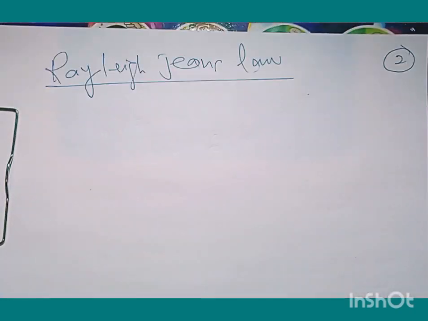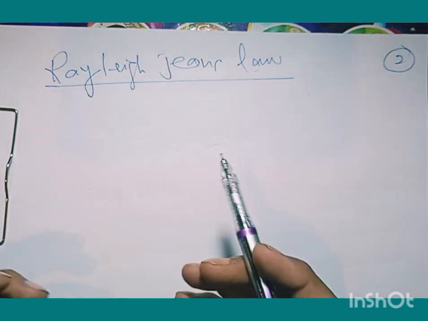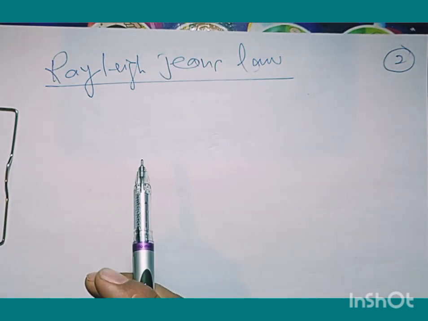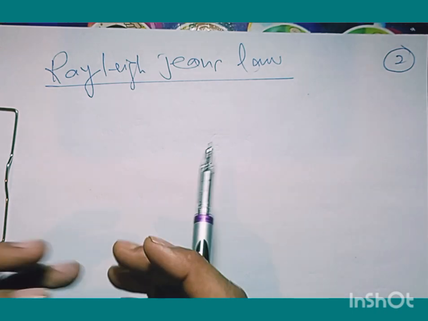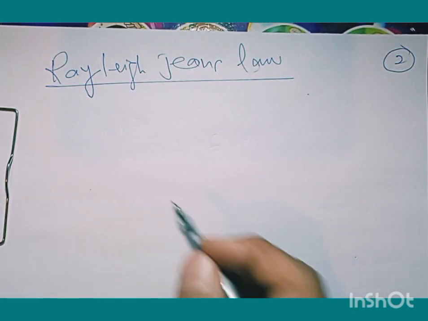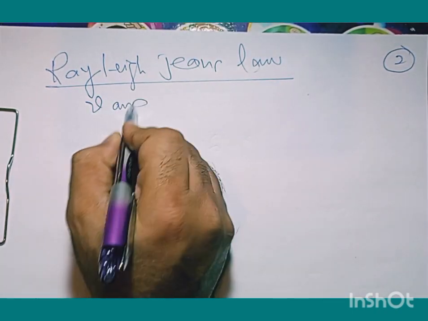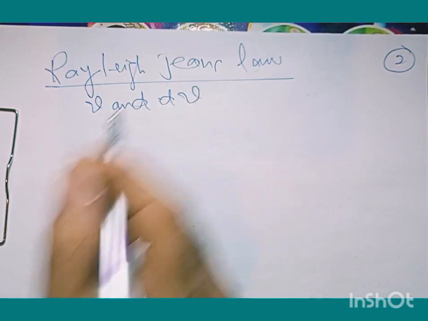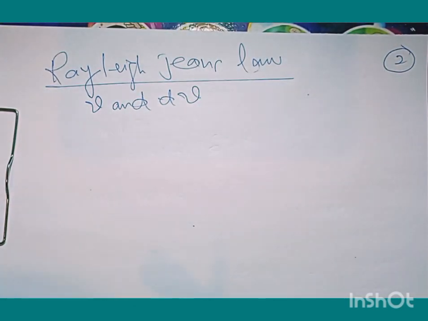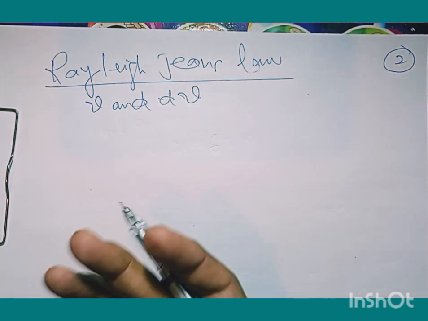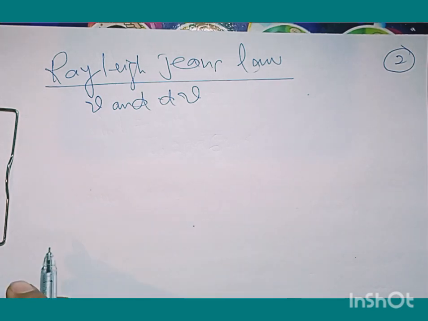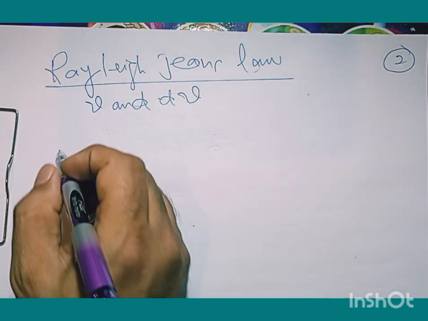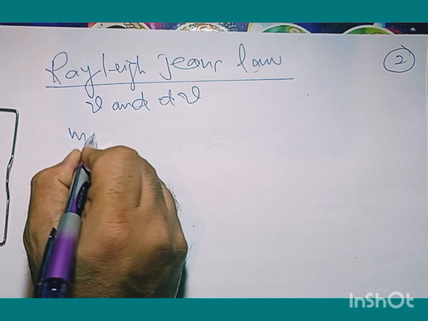Rayleigh and Jeans tried to derive an expression for the radiation per unit volume of a hot body in a frequency range of nu and d nu. In their derivation of the radiation law, it was assumed that the radiation is broken up into monochromatic wave trains.